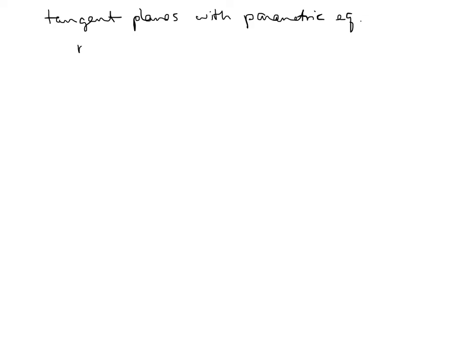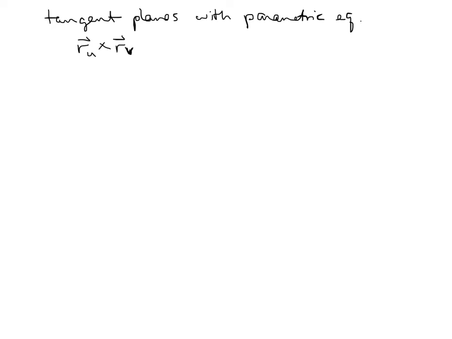If you take the partial of the parametric equations, I'm going to do this in vector form, with respect to one variable, I'll use the book notation u, and the partial with respect to v.